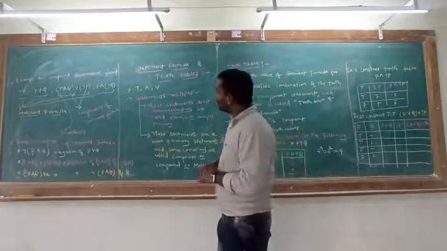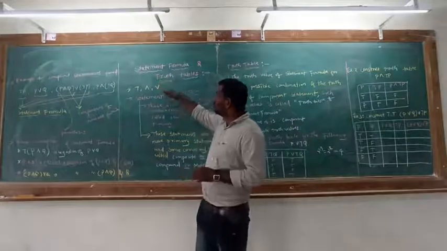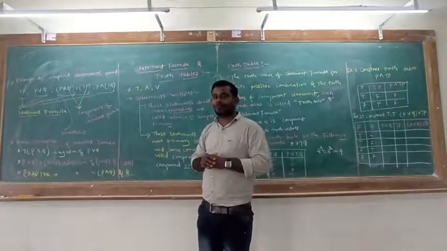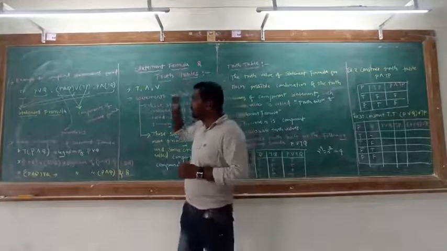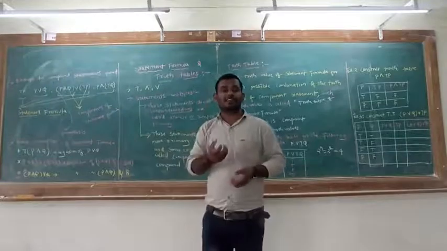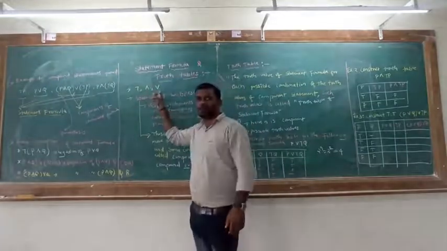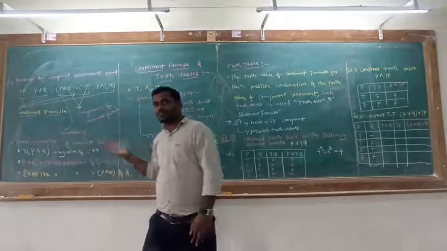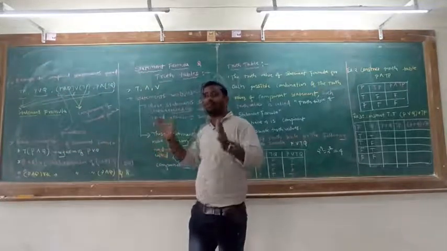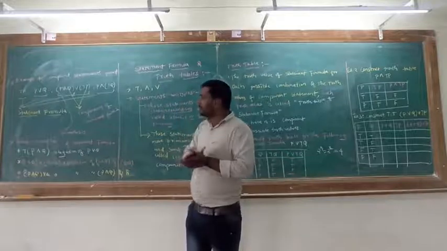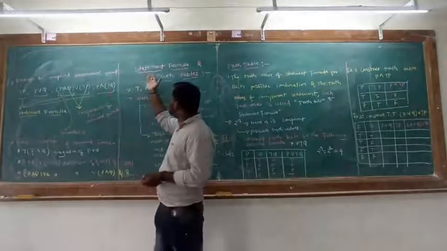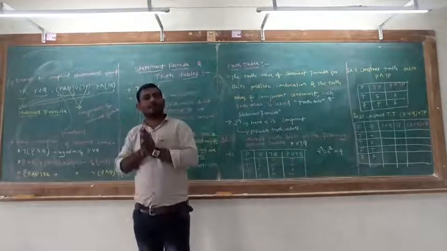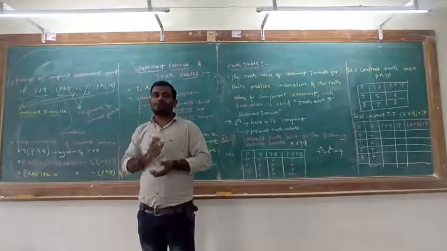Now, in this concept, what is the statement formula, and the truth table? The statement formula will be constructed by using these symbols. Just as in a compound statement we combine primary statements, to construct the statement formula we combine primary statements by using some symbols.